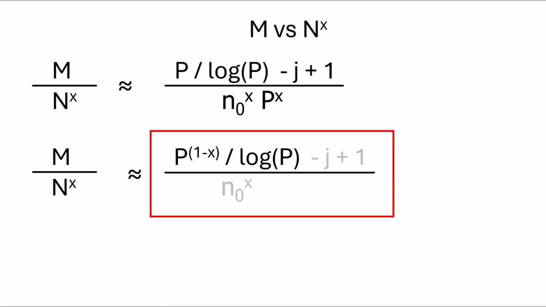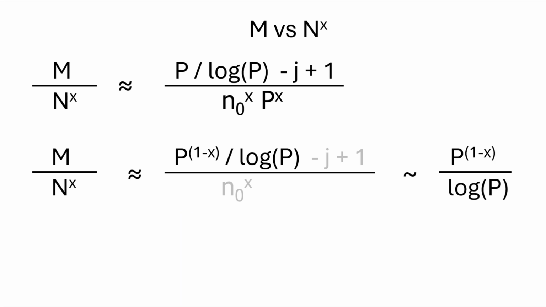As it grows, the N and the X and the J, they're going to start looking pretty small after a while, right? Eventually, they're not going to matter when it comes to evaluating what this ratio is doing. So ultimately, we're just comparing P to the 1 minus X to the natural log of p.